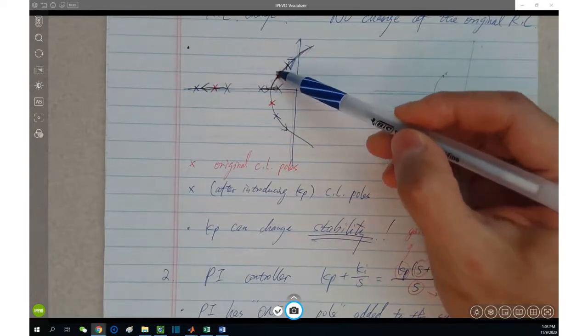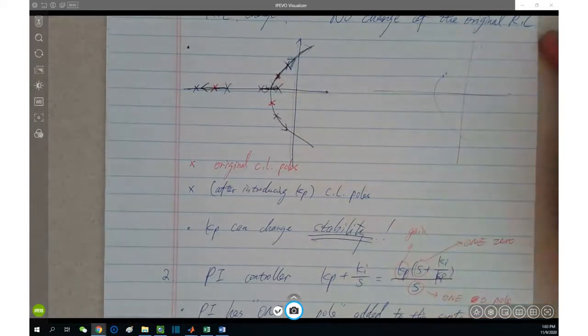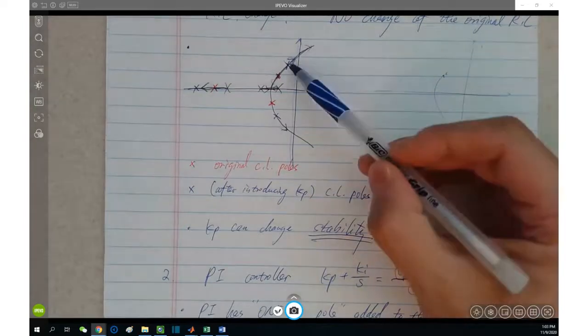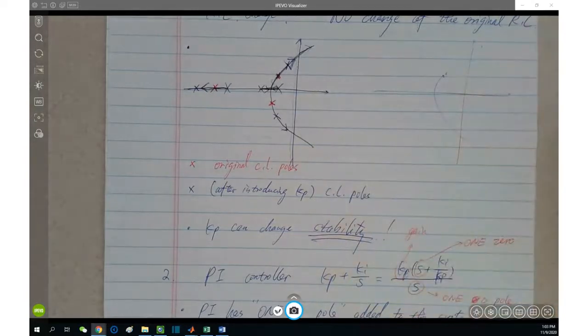Comparing to the red location, at the blue location of the closed loop poles, the system has worse stability, right? Because it's closer to the imaginary axis. So this stability is harmed. So this is what a P controller can do to the original system.